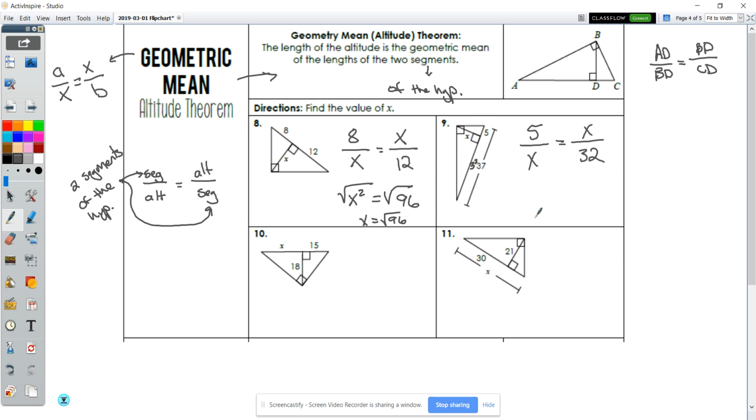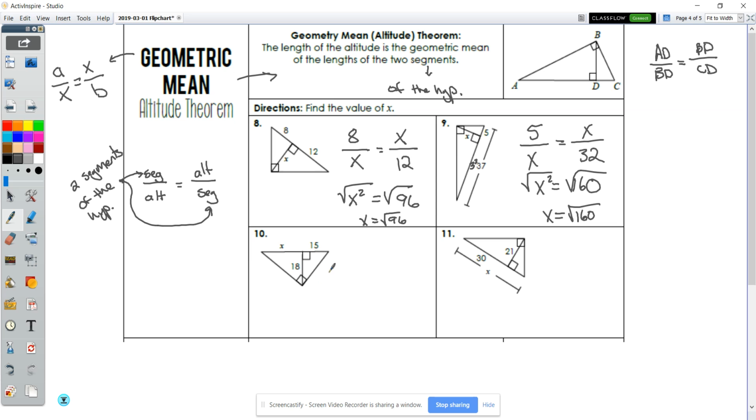So then you're going to cross multiply to solve. So I get x squared equals, let's see, 5 times 32, 160, I believe. Square root both sides. You get x equals the square root of 160. And once again, you'd have to simplify that at that point, if possible. And this one is definitely possible.